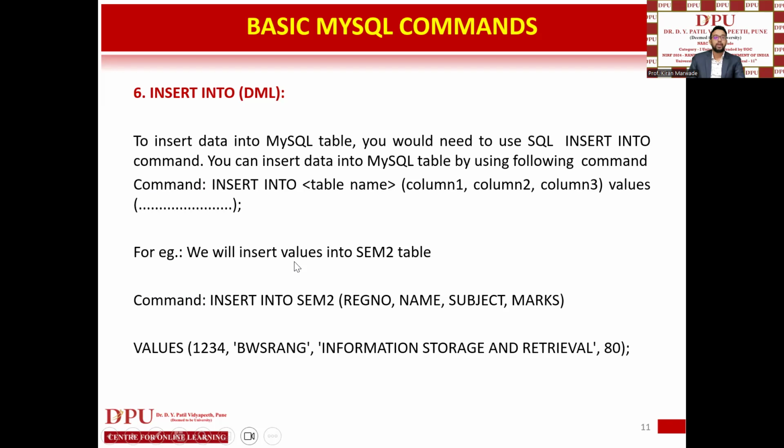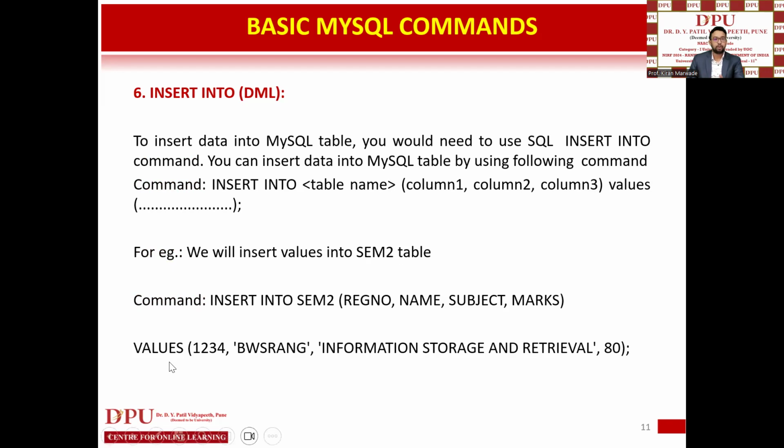Here we'll take an example. We will insert values into a table named same2. What is our command? INSERT INTO same2. Same2 is the name of the table. Then the registered number, the name, subject, marks all come under that.